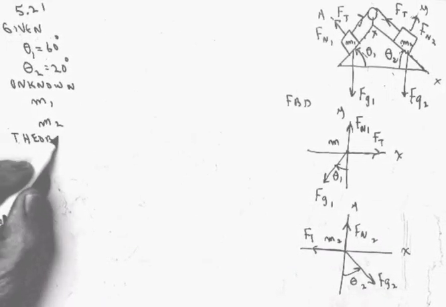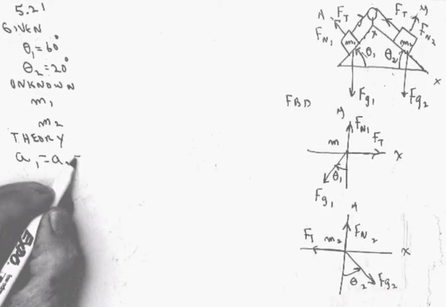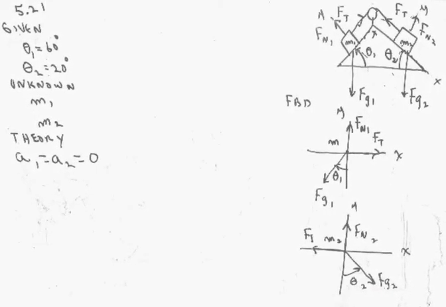And let's see, we can look at this and tell what our theory is, because they're both going to remain at rest. The acceleration of 1 equals the acceleration of 2 equals 0. They're not going to accelerate. And since there's no acceleration, they're in equilibrium.